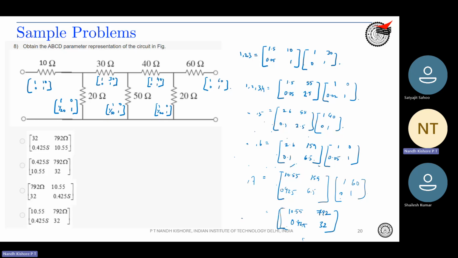Yeah. So this is the answer that you get after multiplying everything. Is it matching? Yeah, 10.55, 792 ohms, 0.425 Siemens, and 32. Yeah, option D. Is this fine?